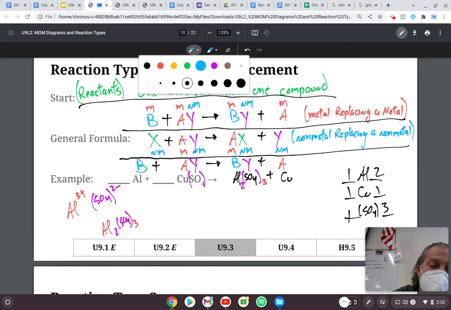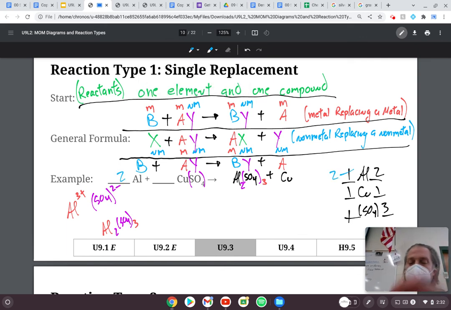So that means I'm going to put a coefficient of 2 here to give me my 2 aluminums. I have 1 copper on both sides, so I'm going to leave that alone for now. But I see that I have 1 sulfate on the left side and 3 sulfates on the right side. So I need to put a coefficient of 3 here to give me my 3 sulfates. But it's also going to give me 3 coppers, which means I have to add a 3 here to give me 3 coppers. And I'm going to leave a 1 here because I don't want to leave it by itself.